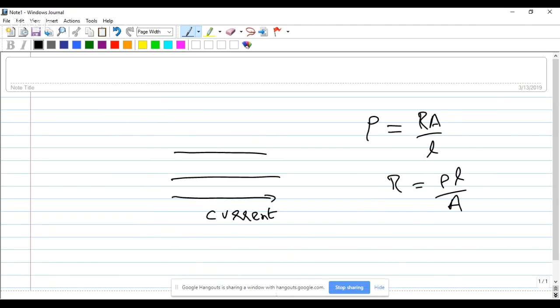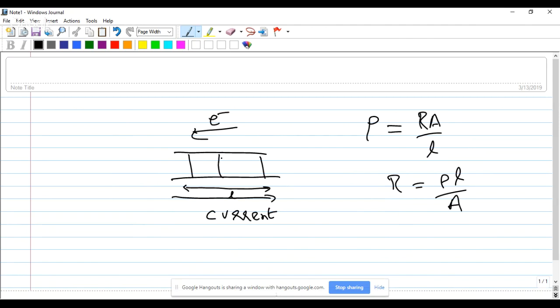We also know that by convention, current is taken to move along the positive side, which means electrons flow in the opposite direction. So electrons flow the other way. So L is basically this particular direction. So if I take some start and some end, L is basically the length of the conductor.